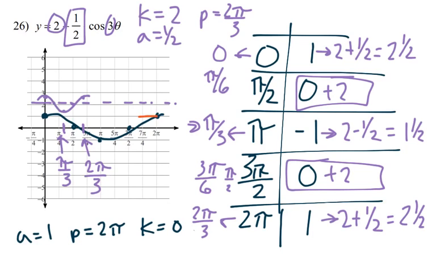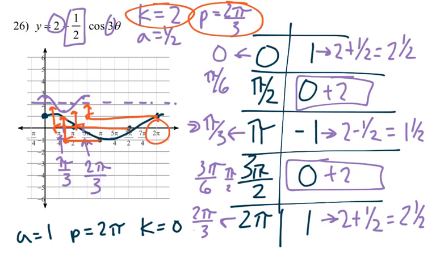So we took these and moved all of these ones in, right? We also shifted them all up by 2. So we moved them in, squished them to 2 pi thirds instead of 2 pi. Then we bumped them up 2, and that took into account our amplitude. And that's our point.